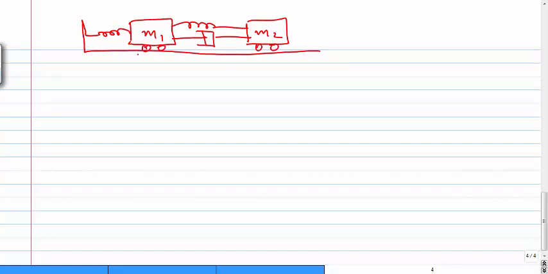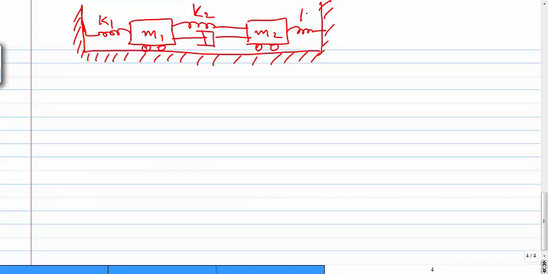So we put tires underneath them, and we call them mass 1 and mass 2. This one is K2, this one is K1, and this dash line means that this is a rigid body. Okay, now there's another spring here, and we call it K3.